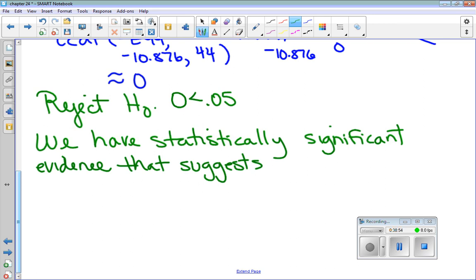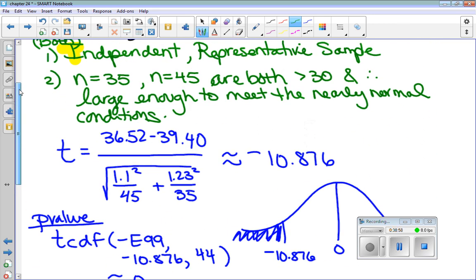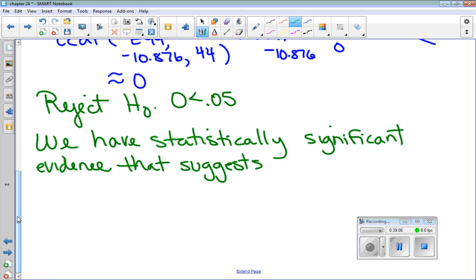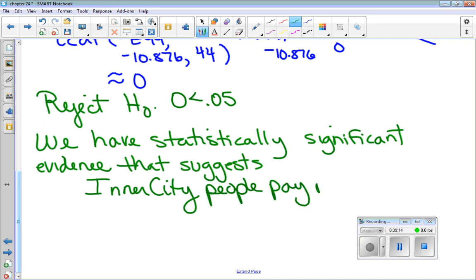We have evidence that suggests that inner city pays more, right? That this is true, because we rejected that null, okay? That inner city people pay more than suburbanites.